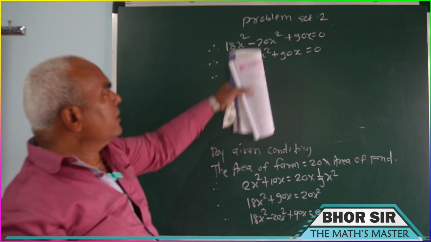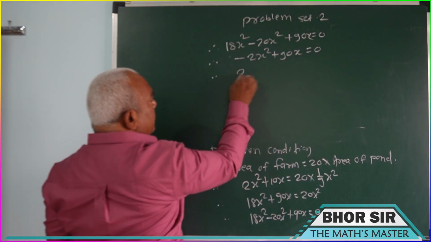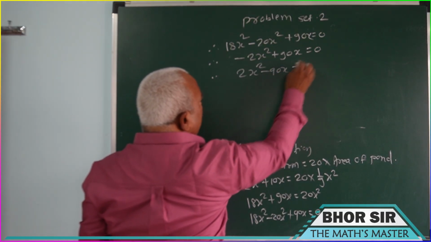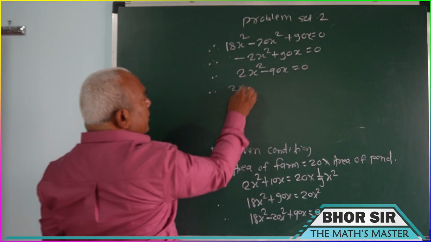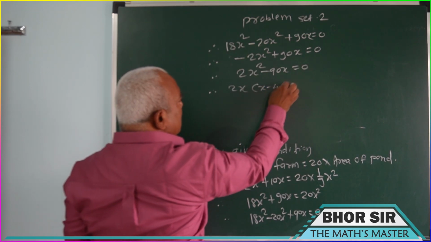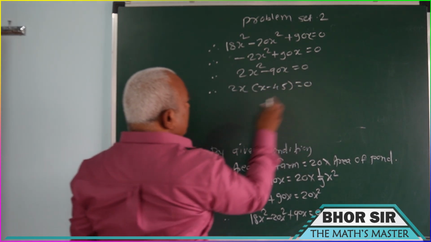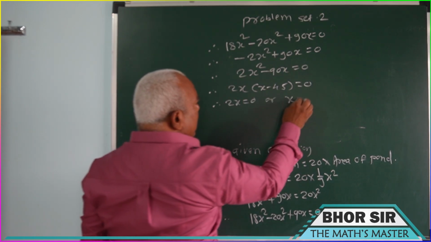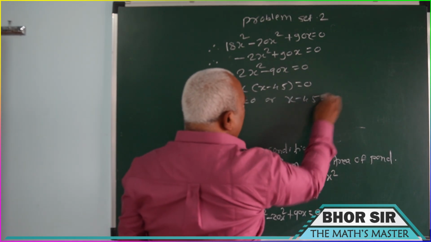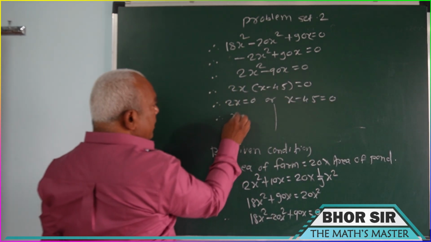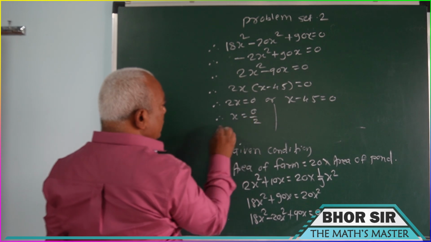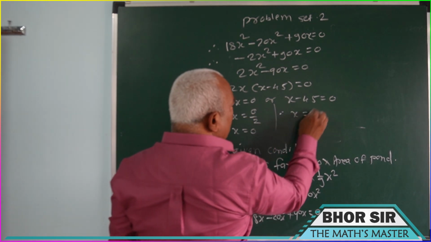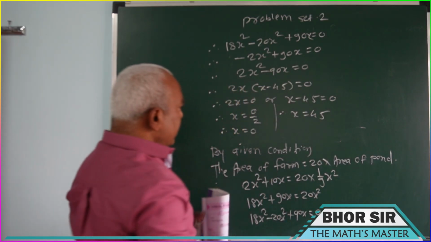Now we don't want the minus sign first, so change all signs: 2x square minus 90x equals 0. Taking 2x common, 2x into (x minus 45) equals 0. So 2x equals 0 or x minus 45 equals 0. Therefore x is 0 or x is equal to 45.